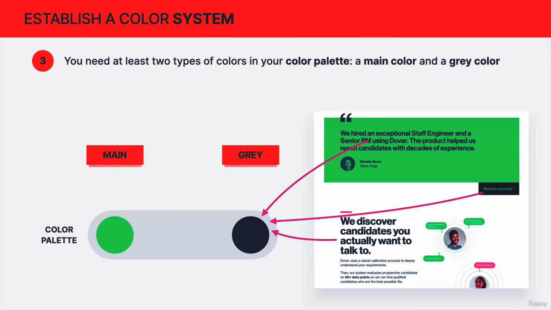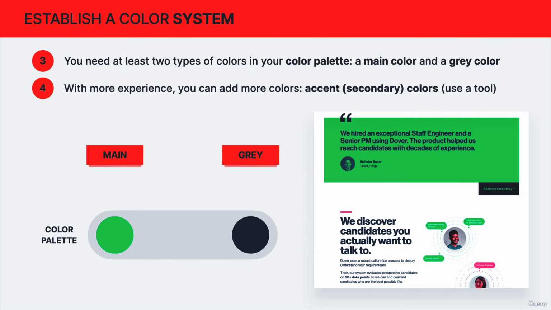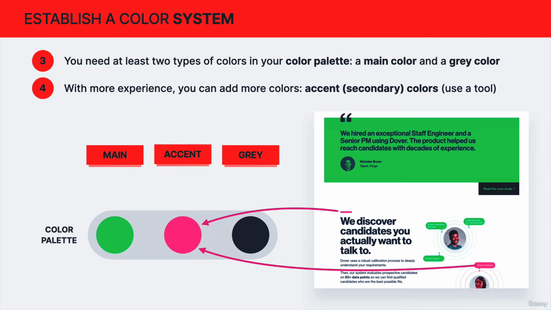However, if you want to take it a step further and add a bit more complexity to your designs, then when you have a bit more experience, you can of course add more colors. So besides the main or primary color, you can also add a secondary color, which we can also call an accent color. And in the case of this design example here, this accent color would be this nice red.